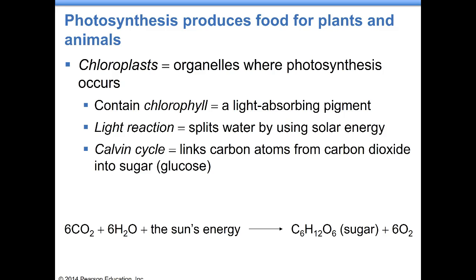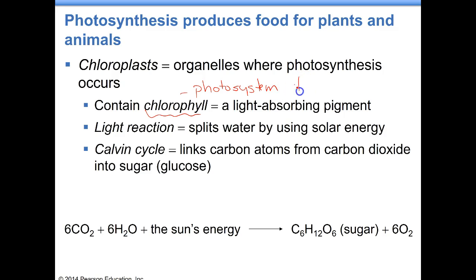So we know that the chloroplasts are the organelles where photosynthesis occurs, and they're able to do that with the chlorophyll, which is a light-absorbing pigment that has the photosystems in it, photosystem 1 and photosystem 2, which are able to harness that energy of sunlight.